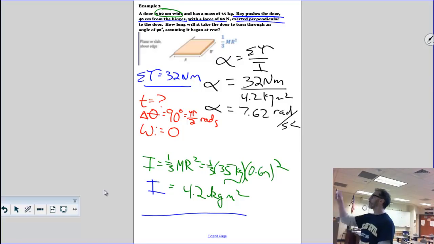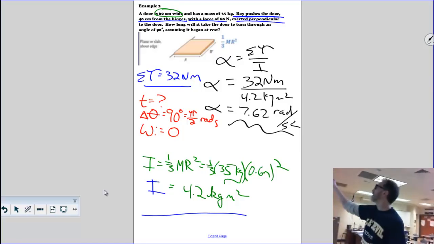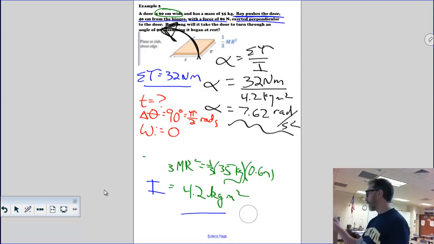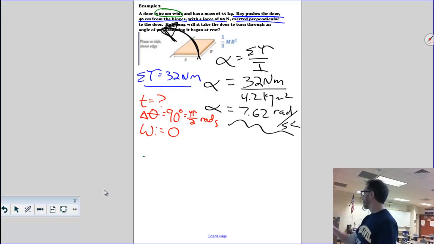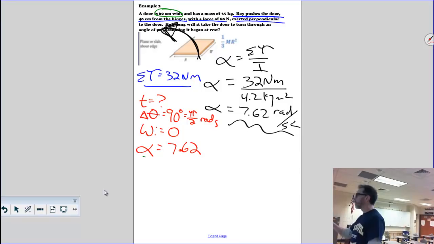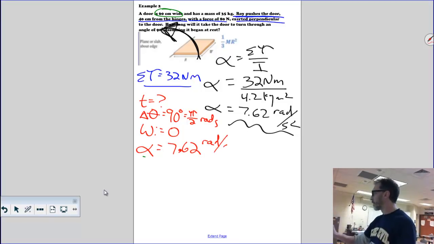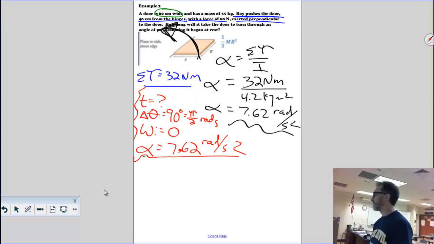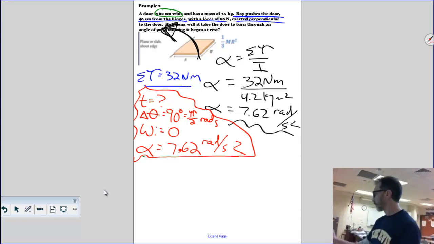Now we know this represents how quickly the door is going to gain angular velocity as it swings through the 90 degrees. Okay? So I think the last thing we got to do is this. Now we know alpha is 7.62 radians per second squared. So now we can use all of this along with our kinematics equations and find t.